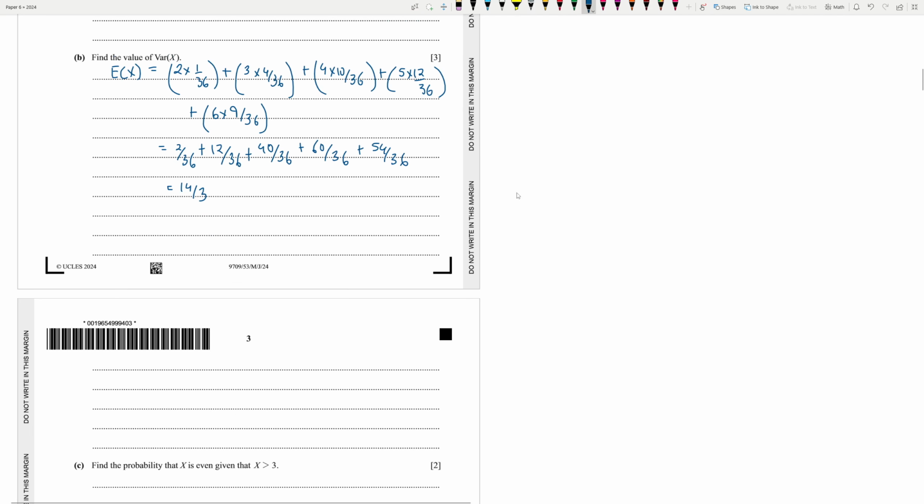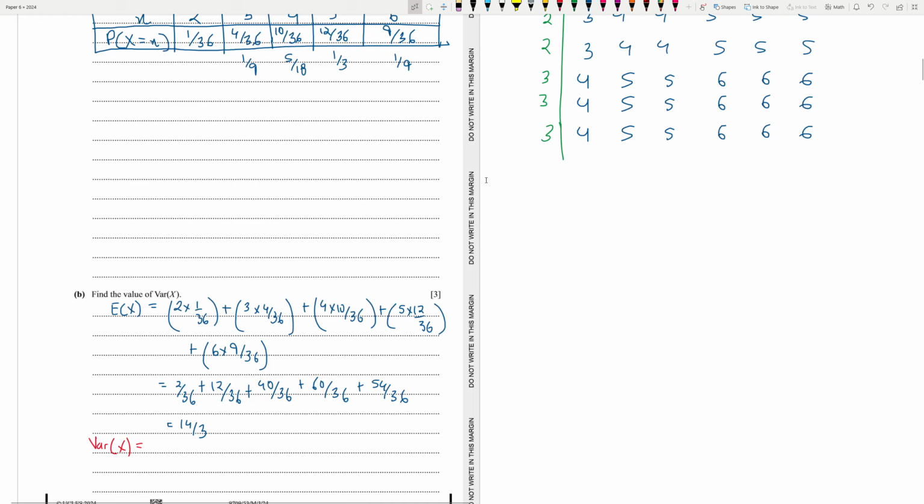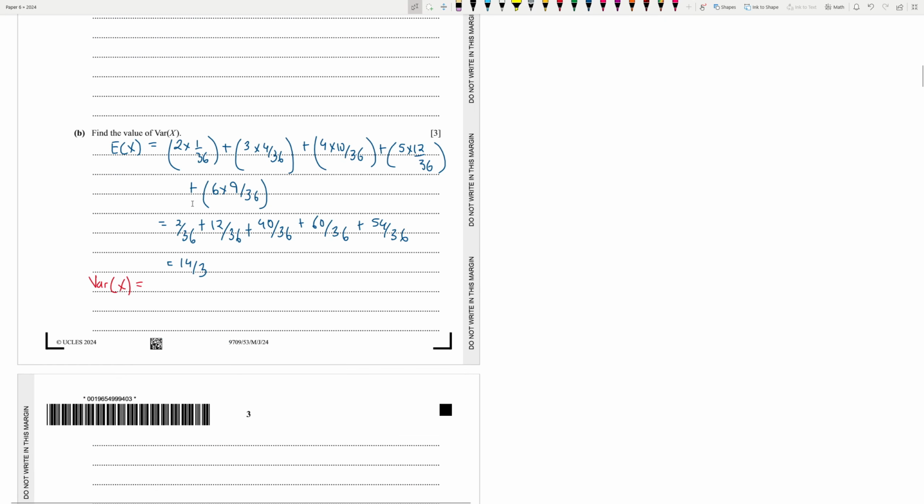So now let's move on to variance. So variance will be actually summation of x square p. What does that mean? 2 square into 1 by 36, 3 square into 4 by 36, 4 square into 10 by 36, 5 square into 12 by 36, plus 6 square into 9 by 36.